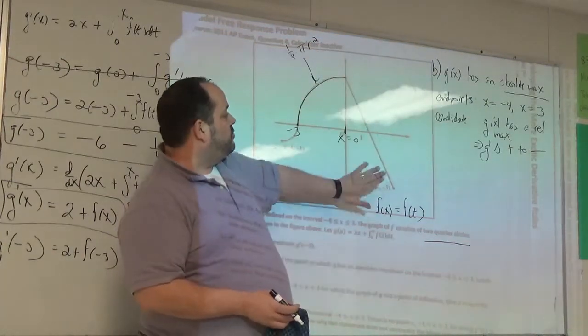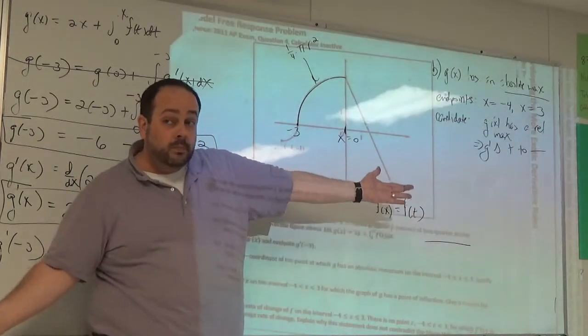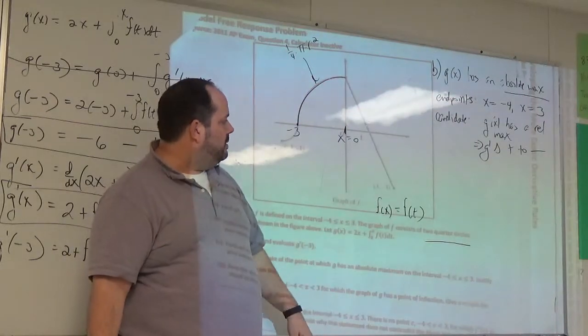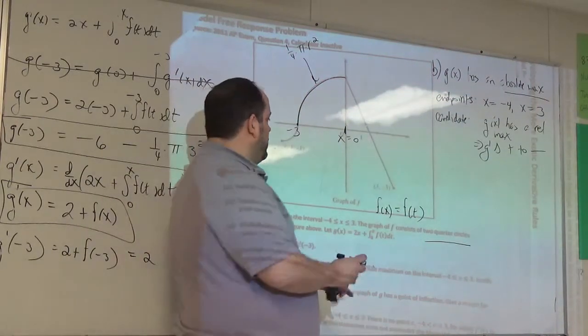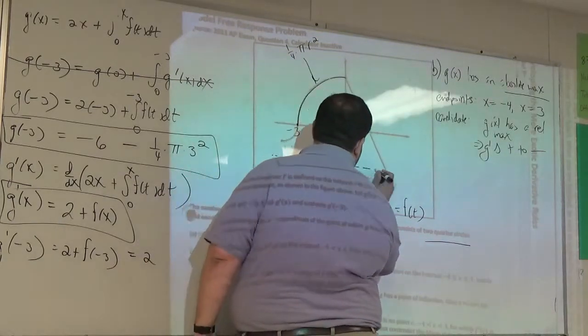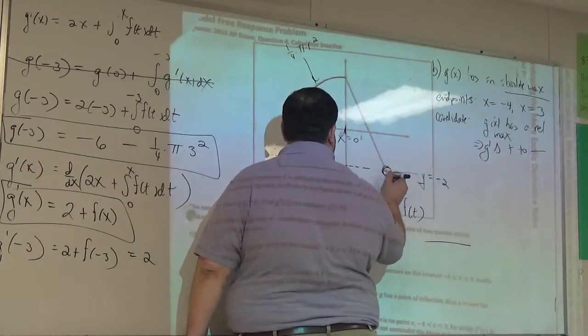So either you redraw the graph and shift it up 2 spaces, or another clever thought: wherever the equation f of x equals negative 2. Not where it's equal to 2, but where it's equal to negative 2. This guy right here.